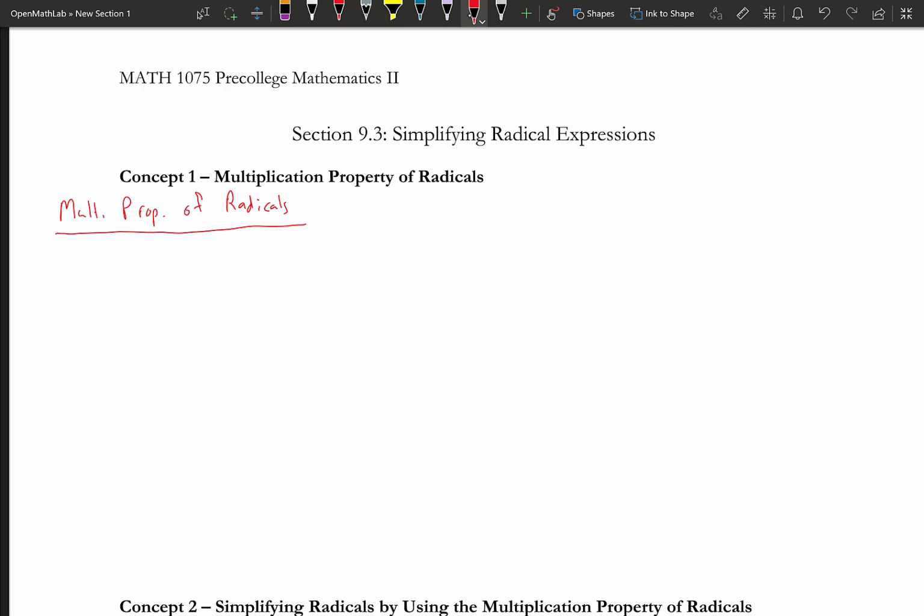The multiplication property of radicals says the following. Let A and B represent real numbers such that the nth root of A and the nth root of B are both real.